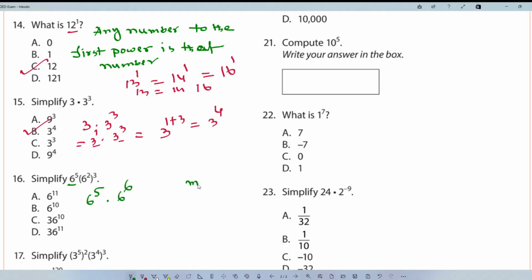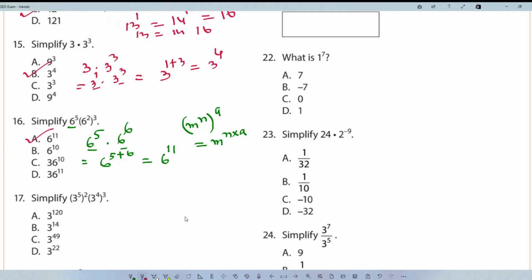We know m to the power n to the power a means m to the power n into a. So 2 into 3 means 6, and here also the base is same, so the power will be 5 plus 6. Our answer is 6 to the power 11, number A.